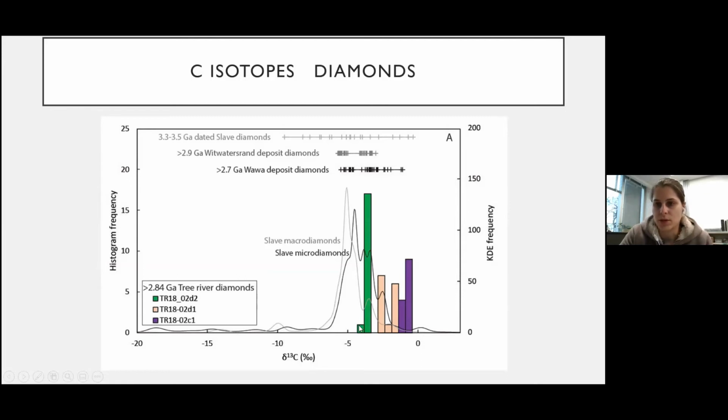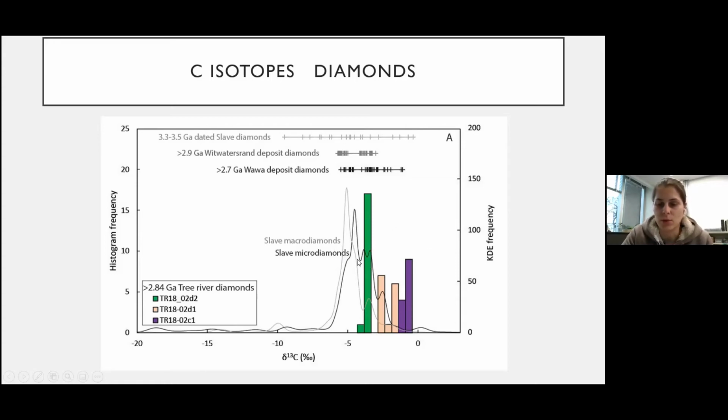So our samples indicate that some form of crustal carbonate was involved in the source of the fluids that formed these diamonds. Our diamonds show that they were relatively heavier compared to the Slave macrodiamonds and the Slave microdiamond population that's plotted as a kernel density estimation.